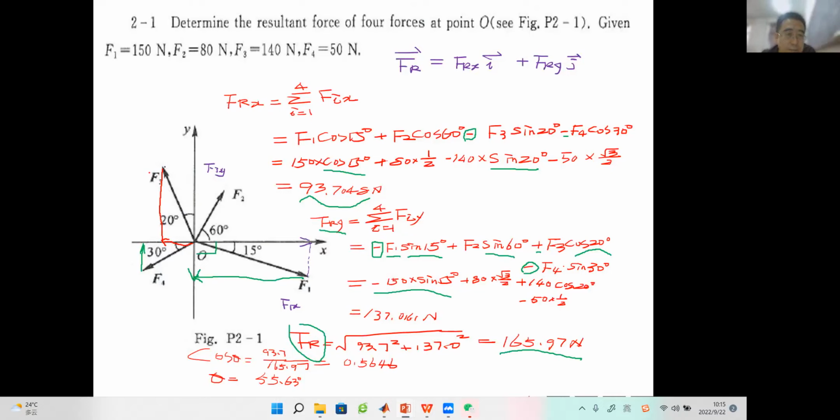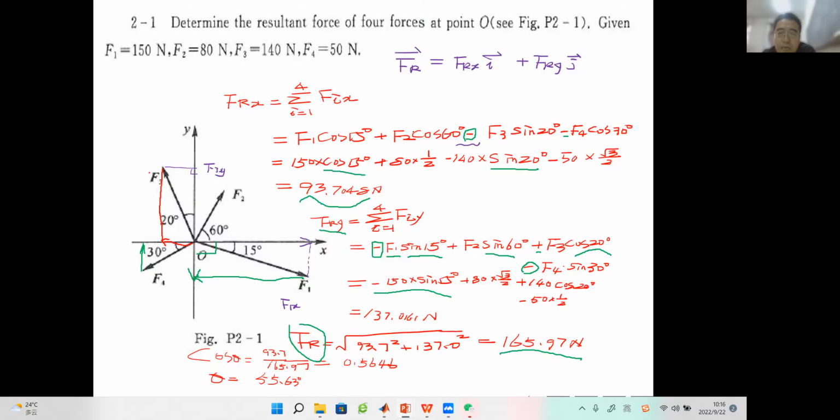So at this rectangle, this length denotes the magnitude of F3x. This time its direction is along the negative direction of x, so we must give a minus sign here.